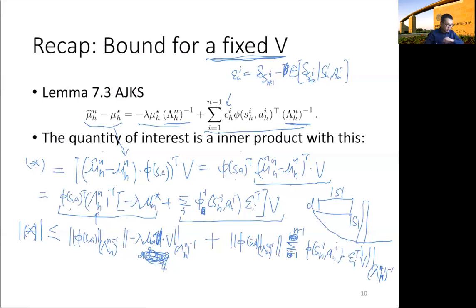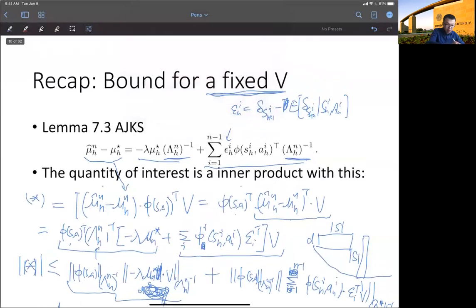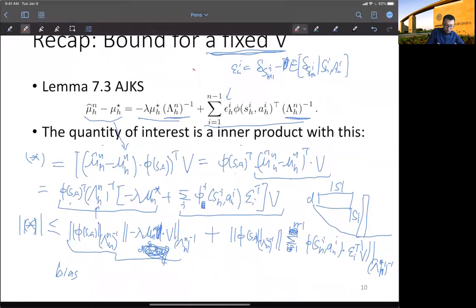For the bias term, maybe using a different color could help to clarify things a little bit more. First of all, I notice that this is exactly what we want.